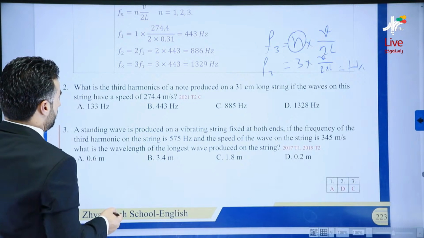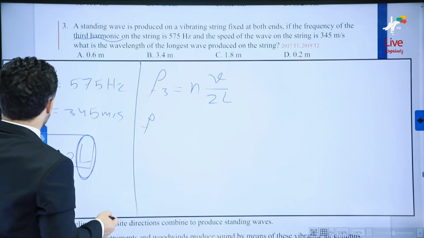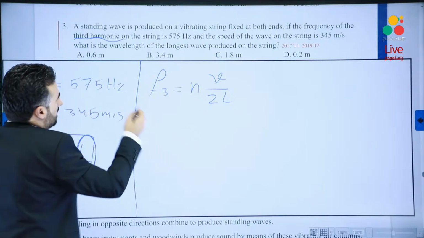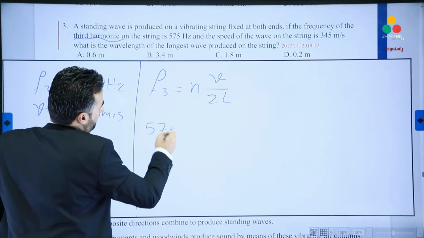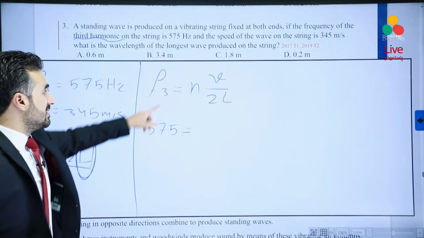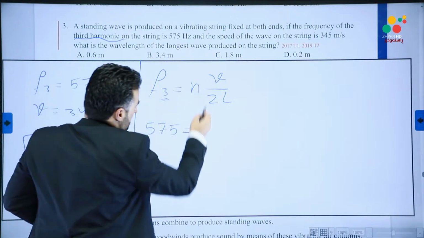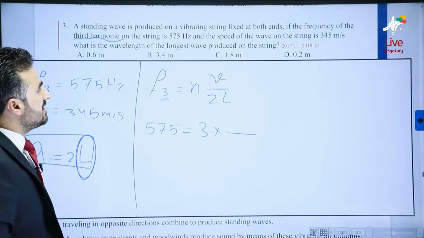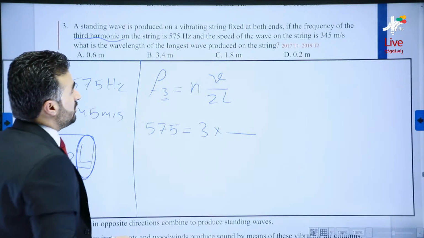So what is the third harmonic here in this case? The frequency that is given is basically 575 hertz, yeah? Remember, since it is the third harmonic, this n is going to be 3. What is the speed on the string?